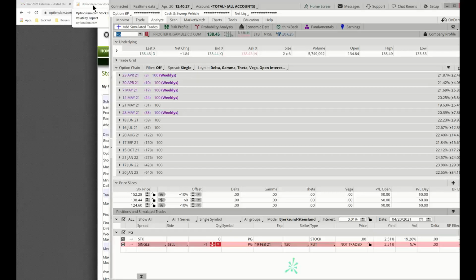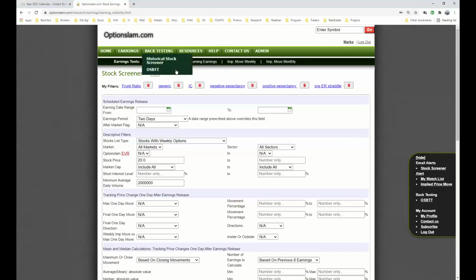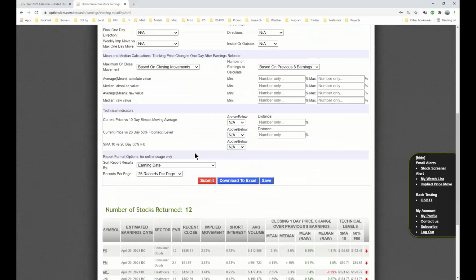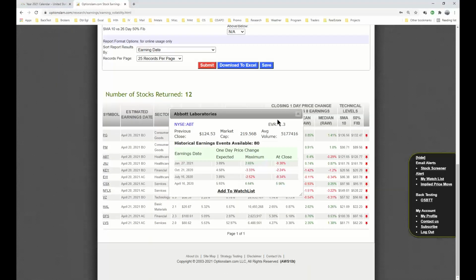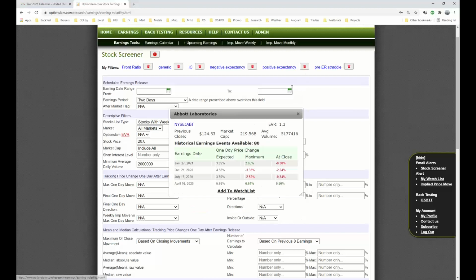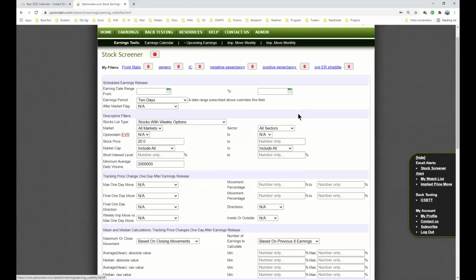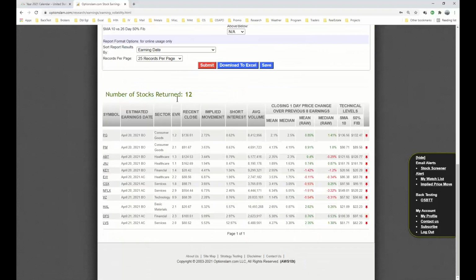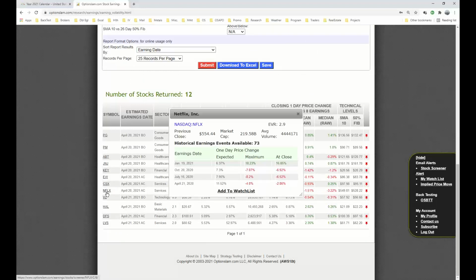Well, why Netflix? Because when we go to our earnings stock screener and we apply some filters, we learn that Netflix comes up on our list. All right, so there's Netflix going to have earnings today, after the close, April 20th.